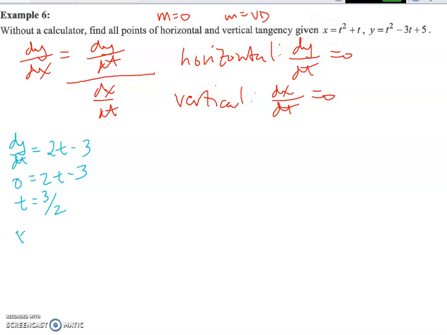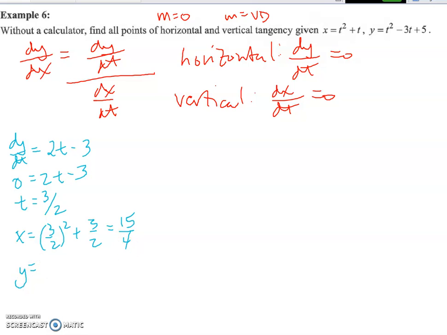So x is equal to 3/2 squared plus 3/2. This is a no calculator type of problem, so you would be expected to do those fractions. We're going to end up with 15 over 4. And we're going to do the same thing with y.